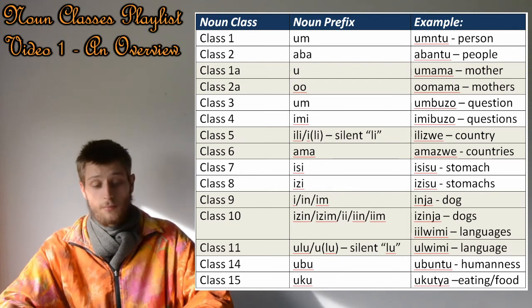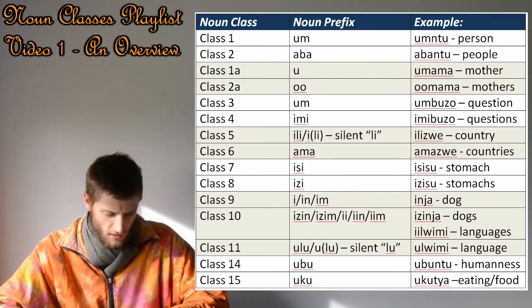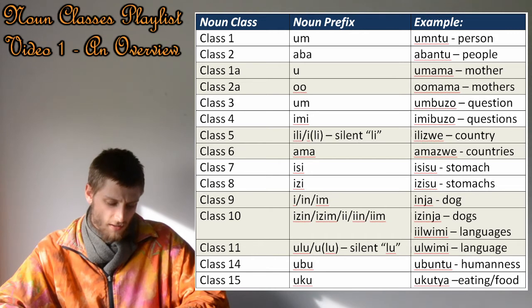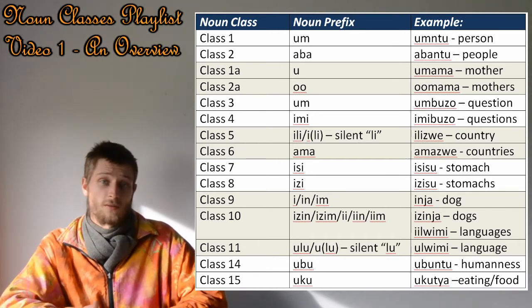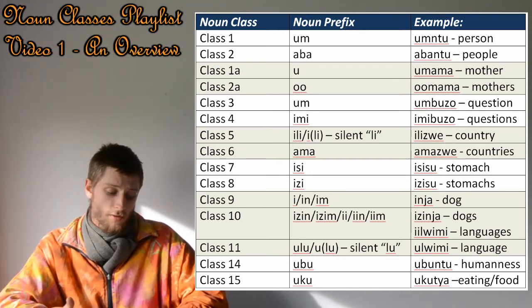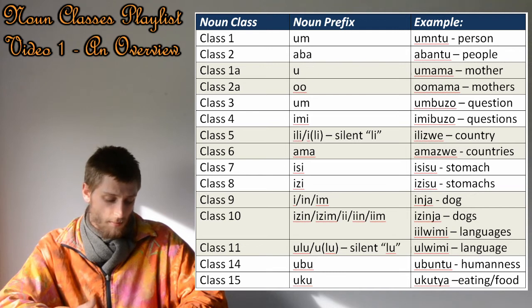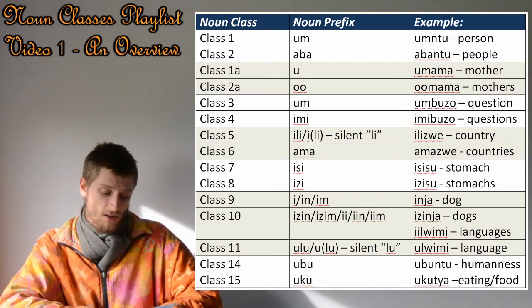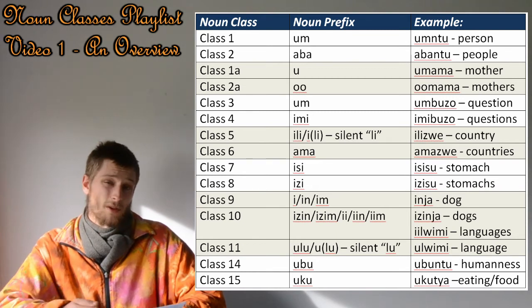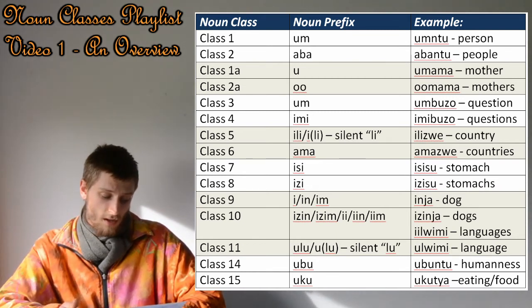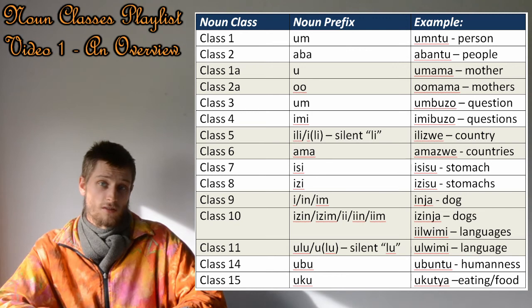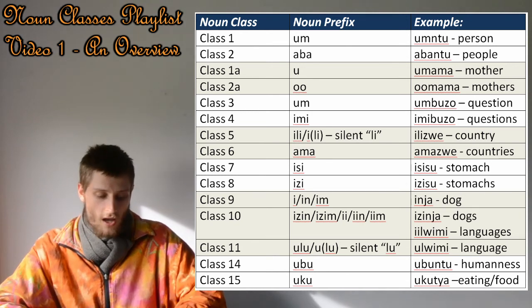It's the plural. So basically, from what I can see, the classes with even numbers are the plural classes, and the ones with odd numbers are the singular classes, excluding class 14 and 15. Those are a bit more unusual, and we'll get to those later on.